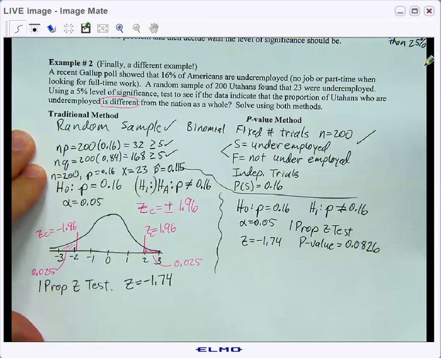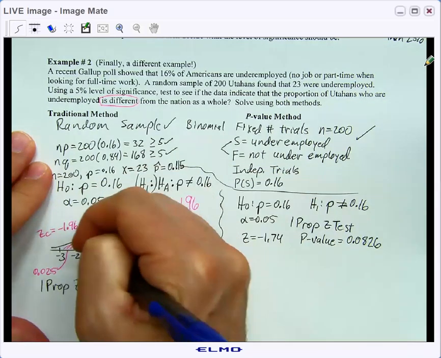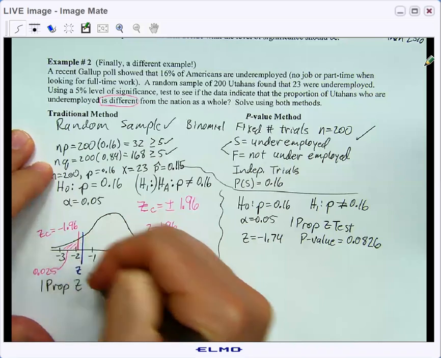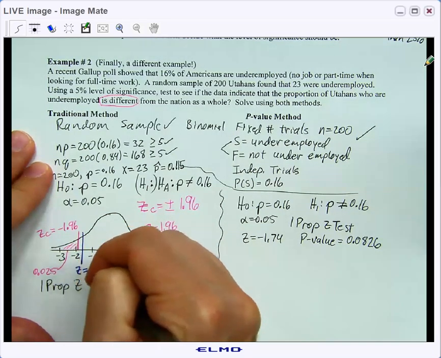So doing the traditional method, we find our test statistic, which is negative 1.74. So Z, without a C, equals negative 1.74.